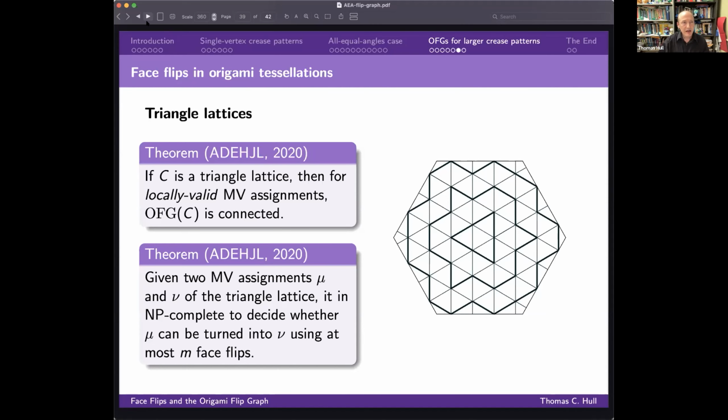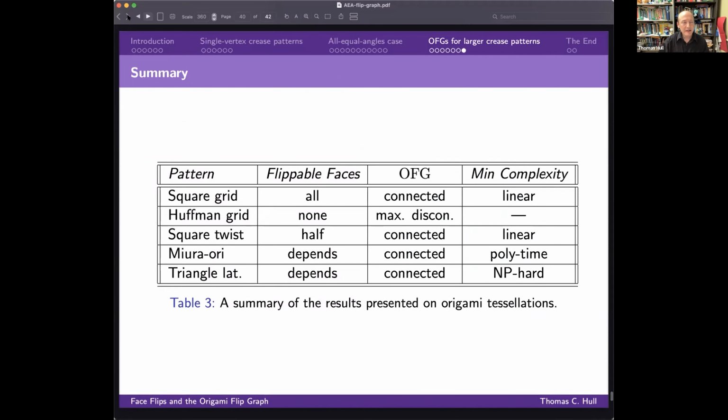So here's a table that summarizes the different origami tessellations we looked at to show the variety of what goes on. With the square grid, every face was flippable and the origami flip graph was connected. But with the Huffman grid, no faces were flippable and it was maximally disconnected.